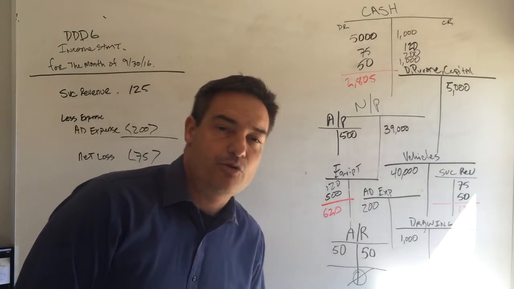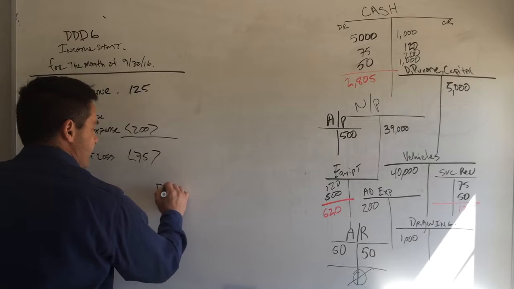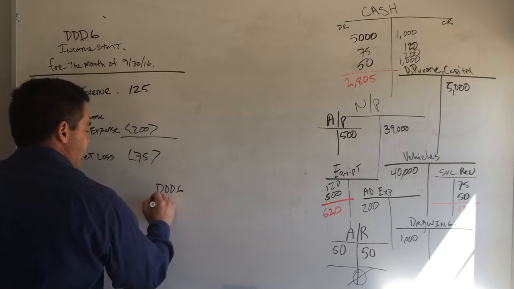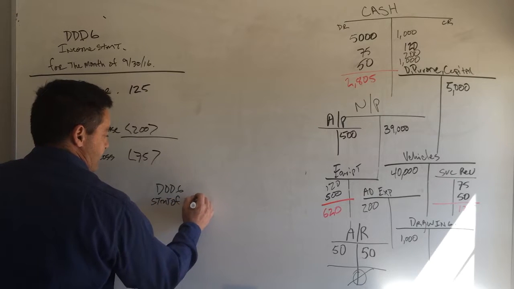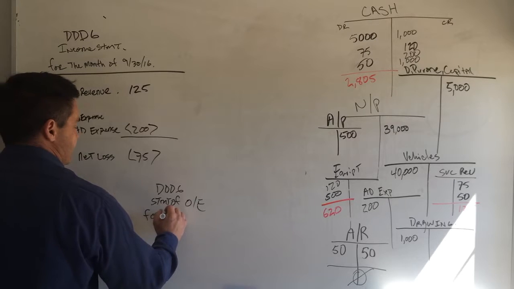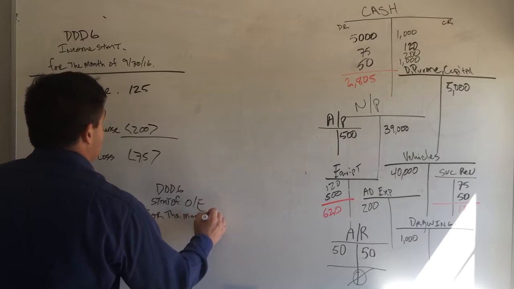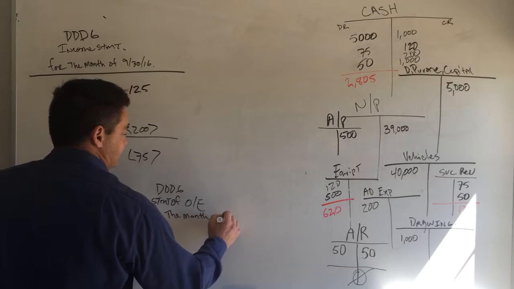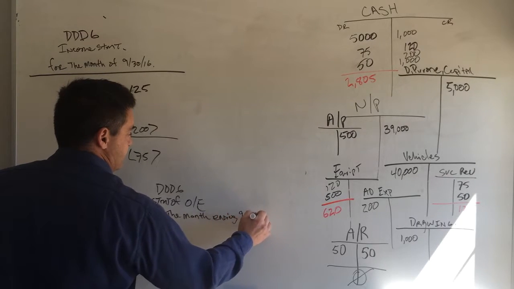Next financial statement that we're going to create is the statement of owner's equity. Again, it starts with the title. It's the statement of owner's equity, and it also has the same date range, and this is for the month ending 9/30/16.